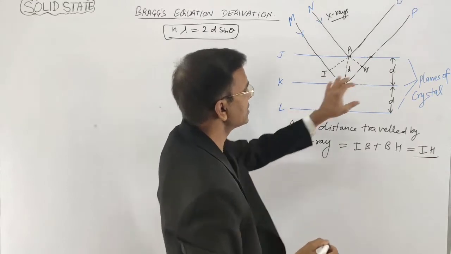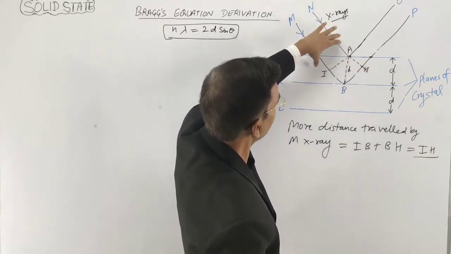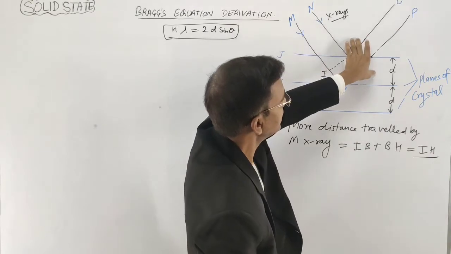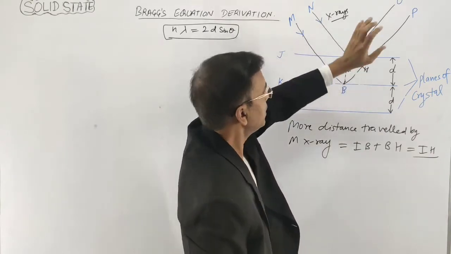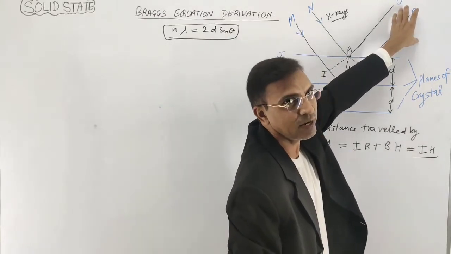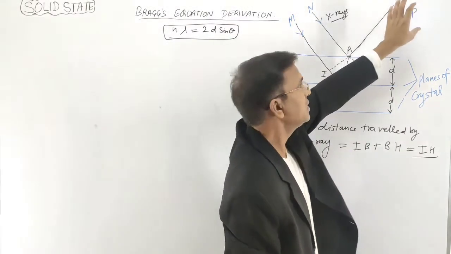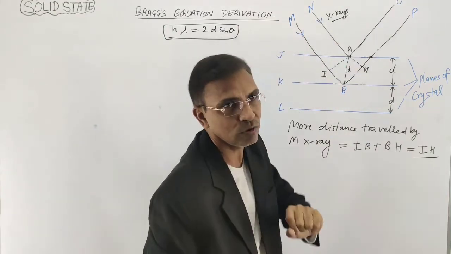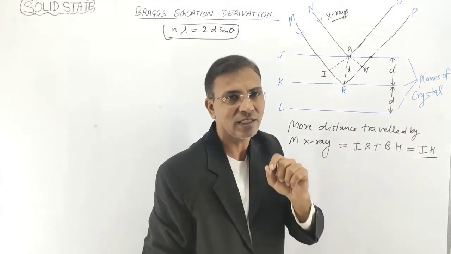And to get the constructive interference after the diffraction of both the two rays, to get the maximum intensity, to get the strong signal, these X-rays must go through constructive interference after the diffraction.